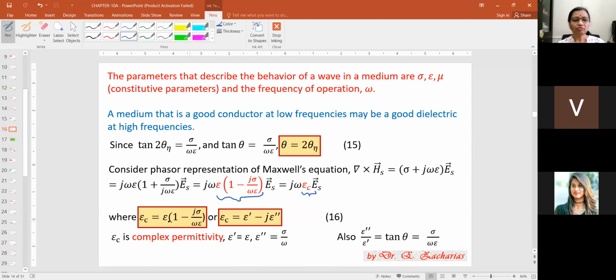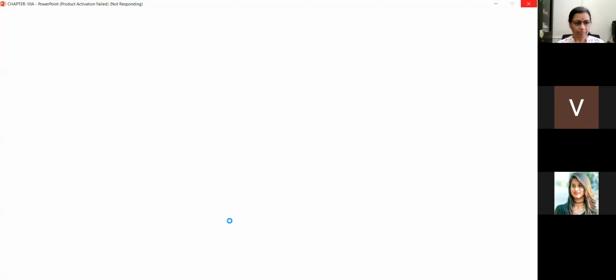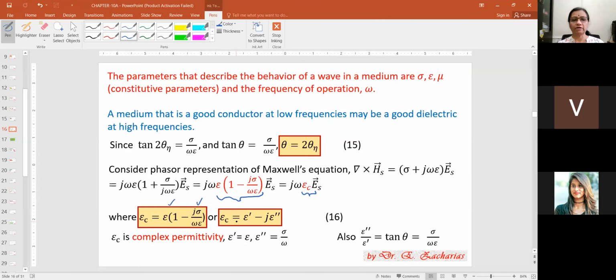Now we are going to separate out the real and the imaginary part, and write the complex permittivity as a real part plus an imaginary part: a real part epsilon prime and an imaginary part epsilon double prime.